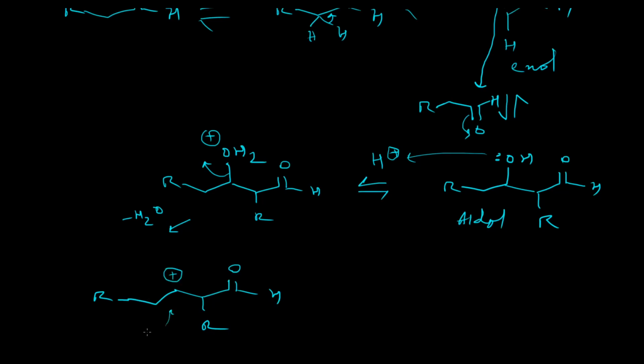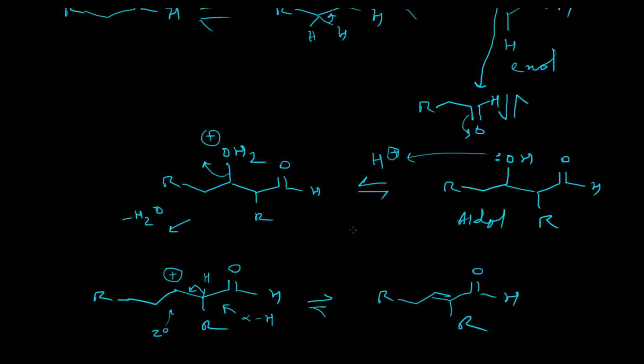You can see that it is secondary carbocation center, so it will be moderately stable. And in the next step, this hydrogen, which is very acidic in nature, since it is an alpha hydrogen and it is also adjacent to a carbonyl group, that's why it is very acidic, and it will immediately form a double bond with this carbocationic center. So it will result in the formation of our final alpha beta unsaturated aldehyde.